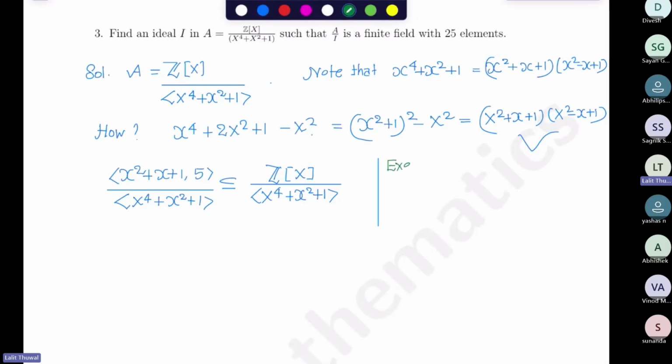These kinds of questions are often asked in interviews and in exams. The maximal ideals of Z[x] are of the form... can you complete?